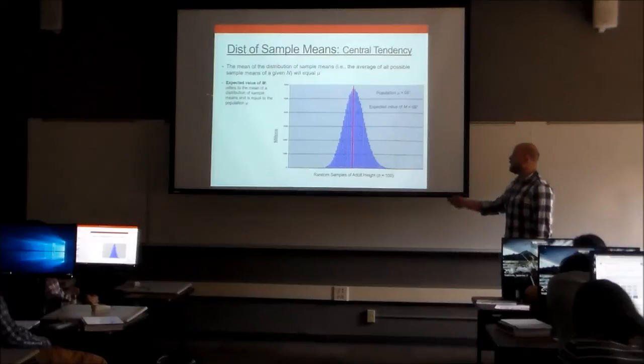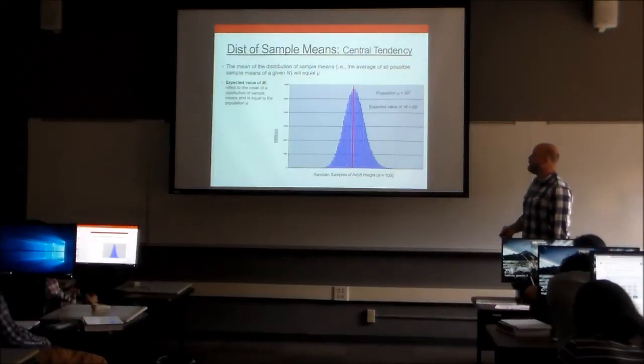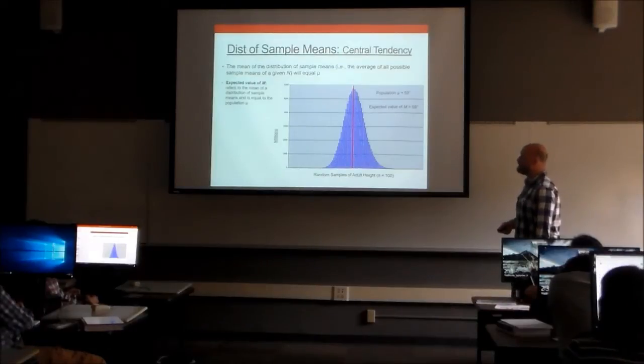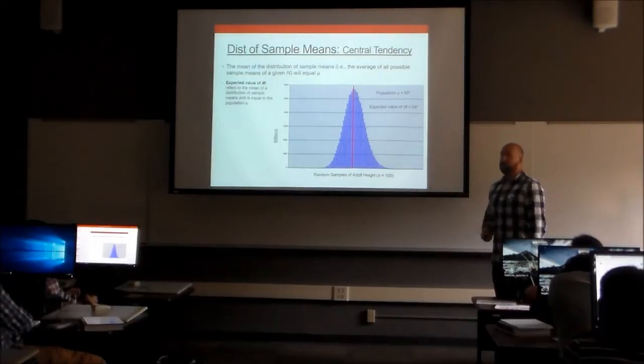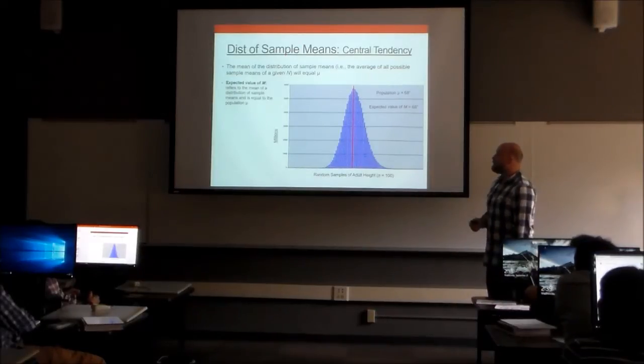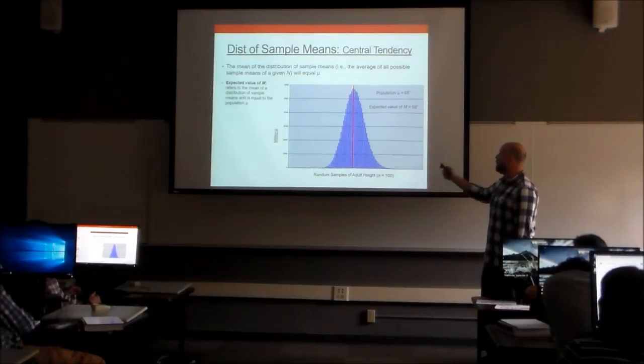Central tendency: the mean of the distribution of sample means. This is represented as the average of all possible means of a given sample size, which will equal your population mean. We refer to this as the expected value of the mean. This is the mean of a distribution of sample means, and it is equal to the population mean.